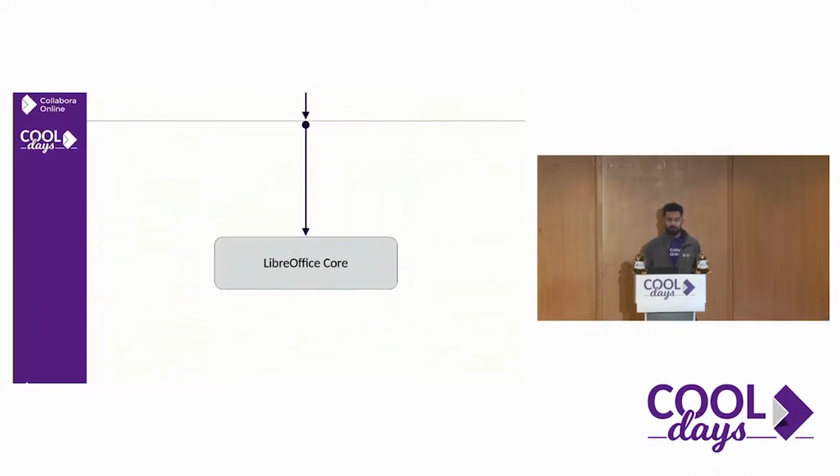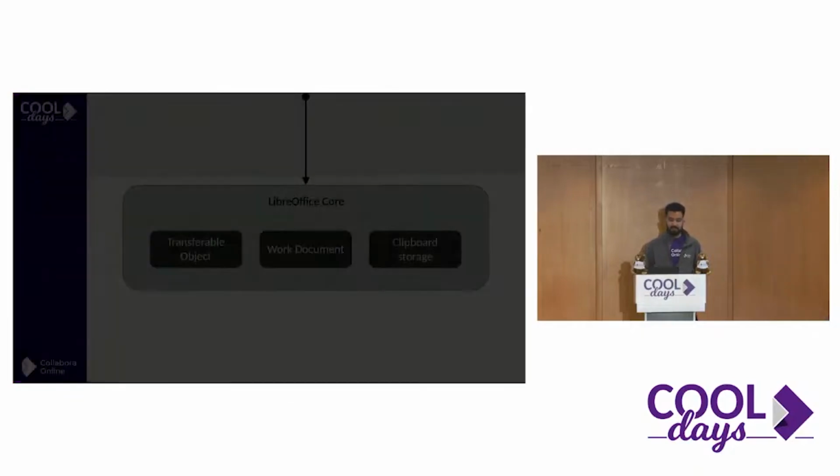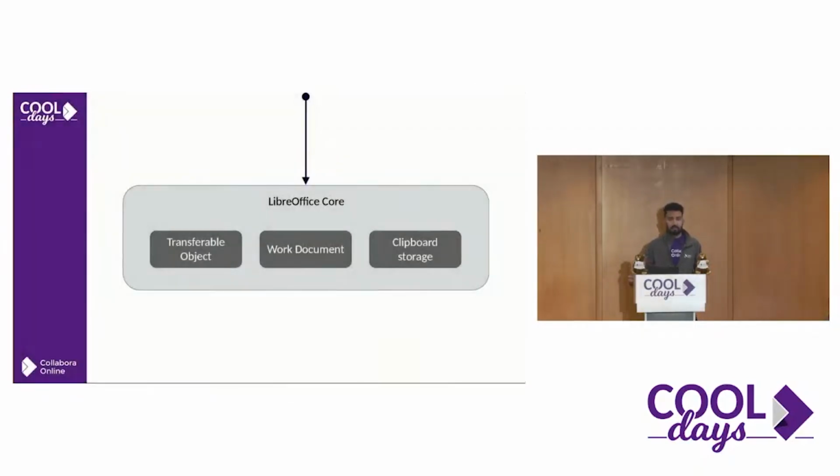So once the command is issued, we send it to the LibreOffice kit, and in the kit there are multiple things happening. First of all, we take the slides you selected, since you can select multiple slides, and we create a transferable object.